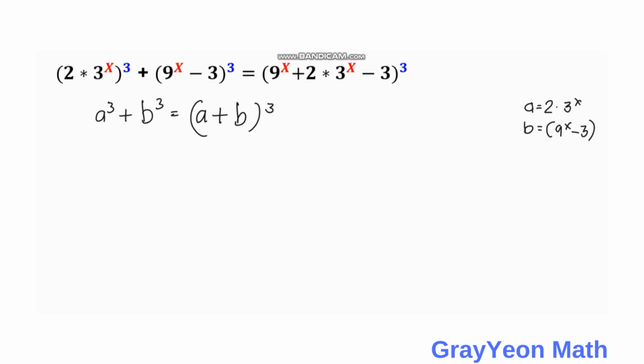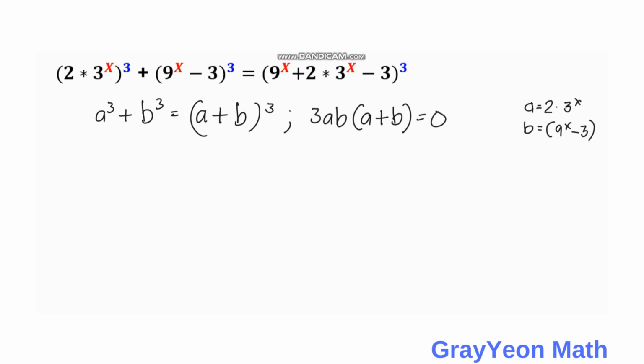cubed. So what does this suggest? This suggests that the value 3AB times A plus B is equal to 0. Why do we say so?